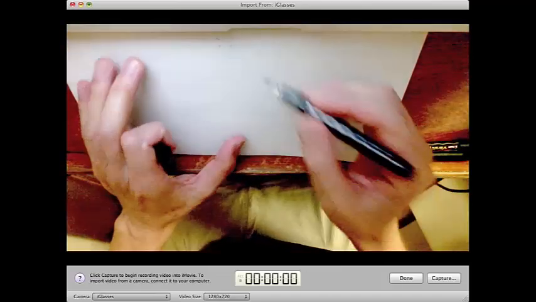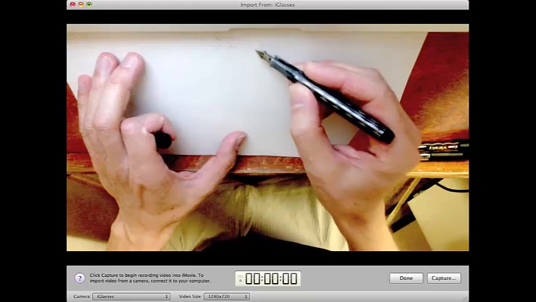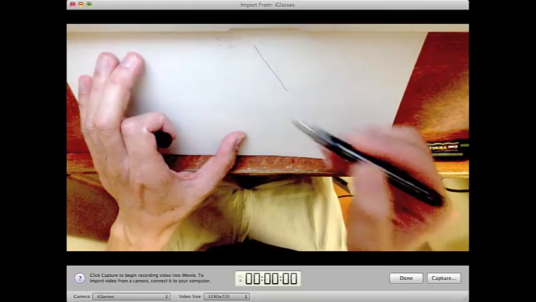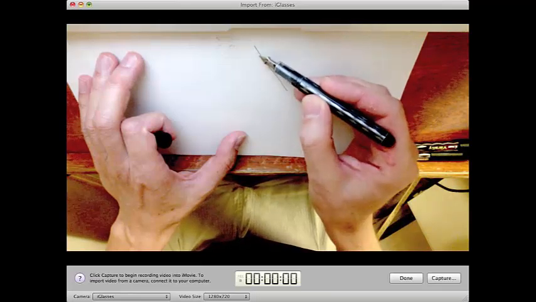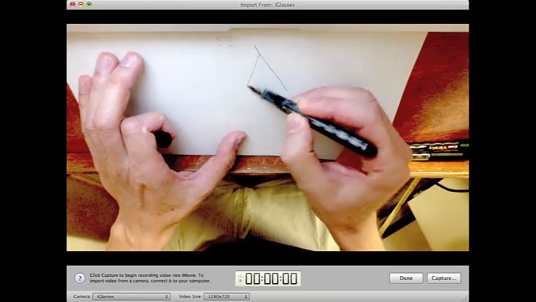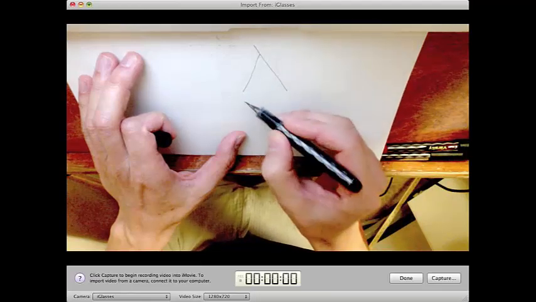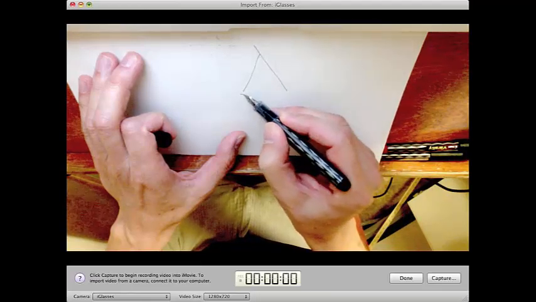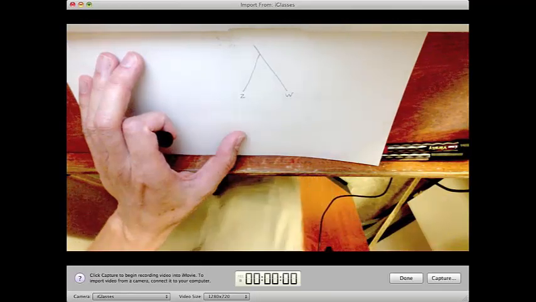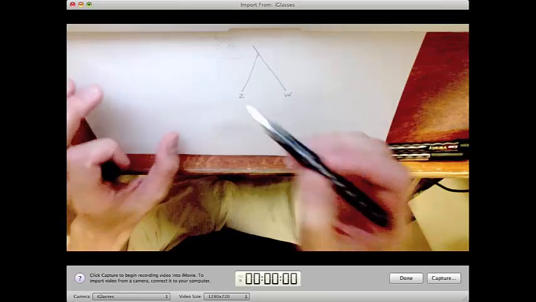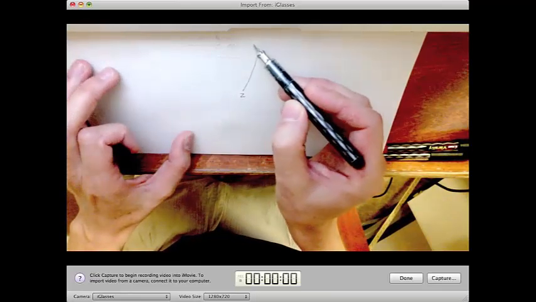So let's see. Say we had an example like this, where we've got a pair of sequences, let's say Z, W, and let's say we had the following situation.